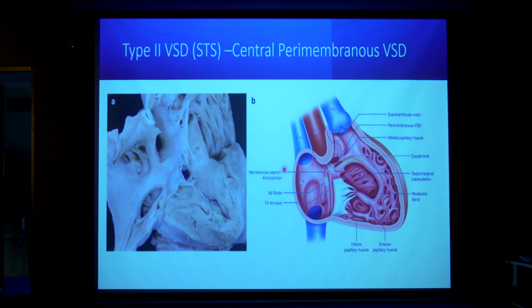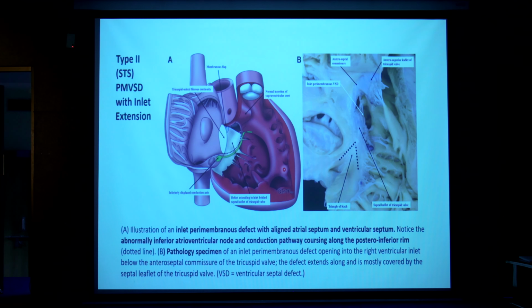Rarely it can be located centrally, only to the membranous portion, but most of the time perimembranous VSDs have an extension to all three components. This is a perimembranous VSD with an inlet extension. You can see the node is displaced quite posteriorly and it has a long course along its posterior inferior margin. So you need to identify the exact borders in order to close it.